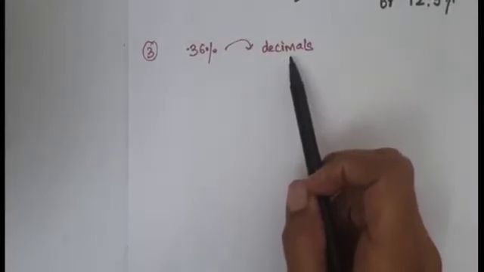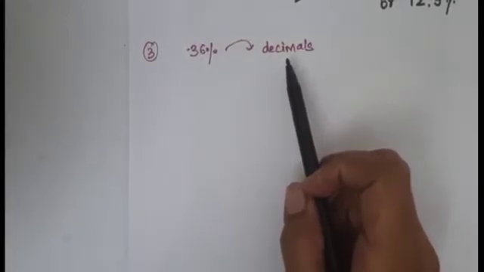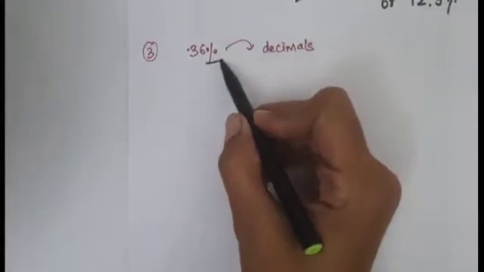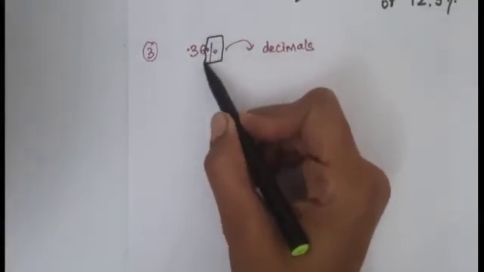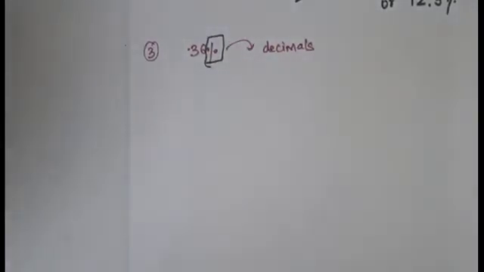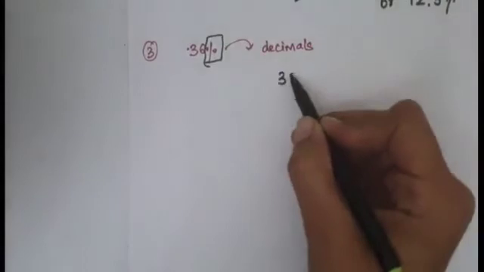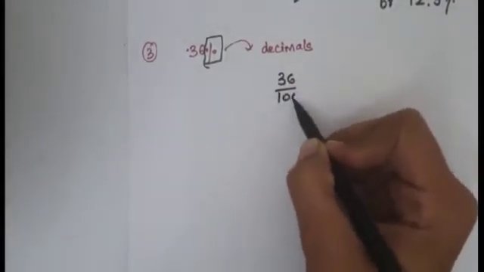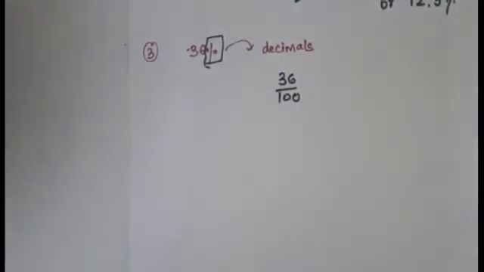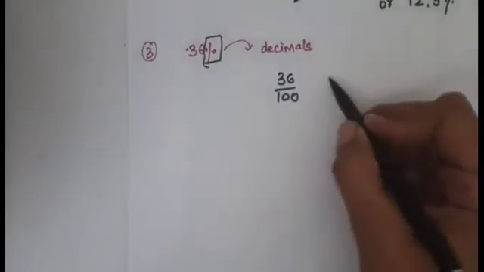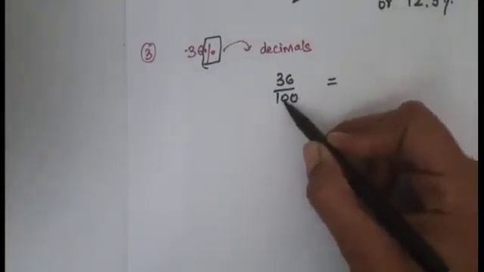Now, how can we convert percentage to decimals? This is again very simple. You have to remove this symbol of percentage, and whenever we remove the symbol, we put 100 in the denominator. And now you have to write it in the decimal. How many zeros are there? 2 zeros.